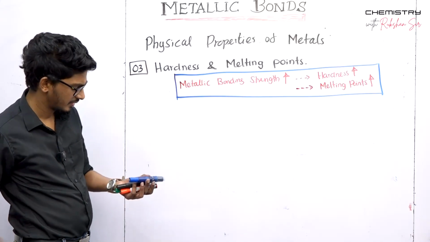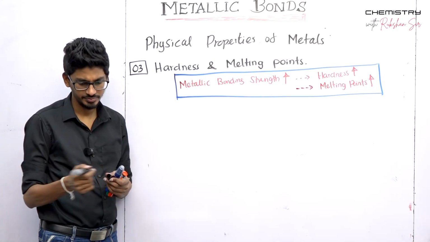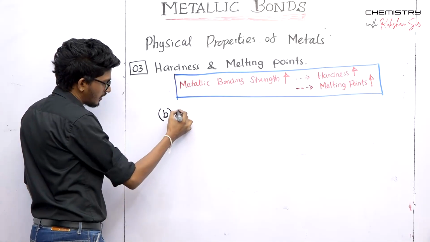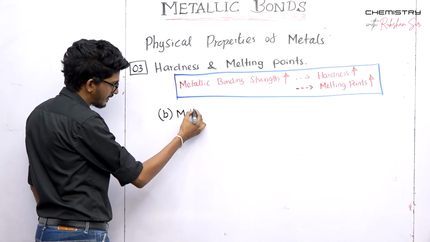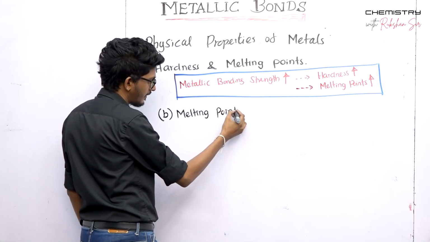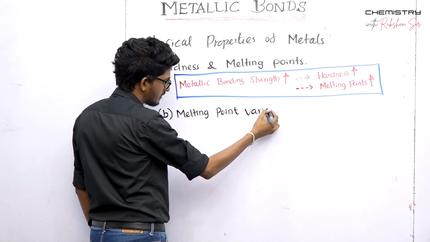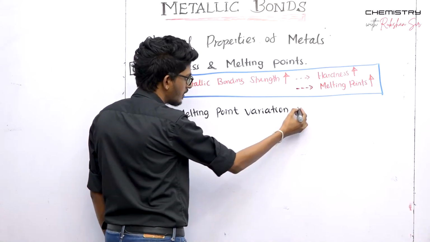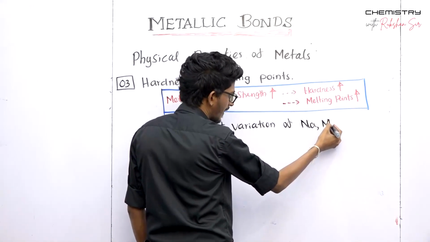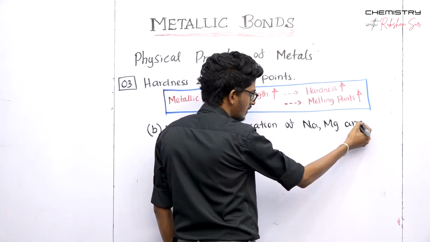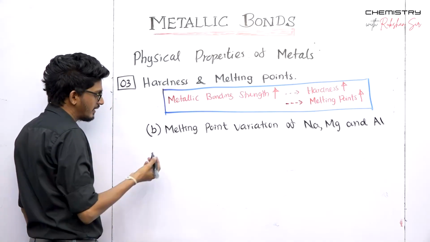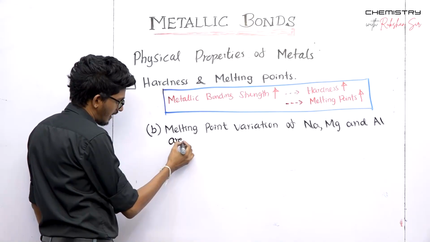Right. Melting points. The melting point variation of sodium, magnesium and aluminium is given as follows.